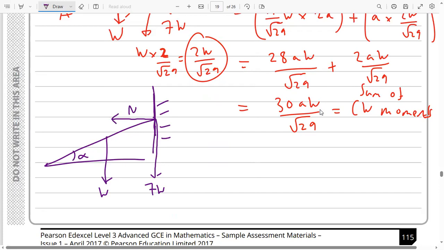But the key thing to remember is that this normal reaction force, which we want to calculate, is not perpendicular to the ladder. This angle there's not a right angle, is it? No. So again we've got to take components of this normal reaction force. If I just draw the diagram like this, that's your wall, and this is your normal reaction force N, with your ladder like that.